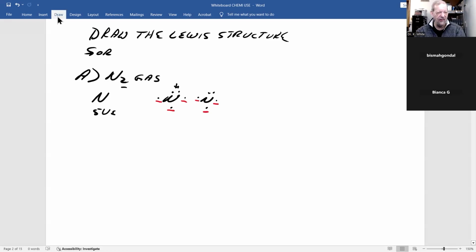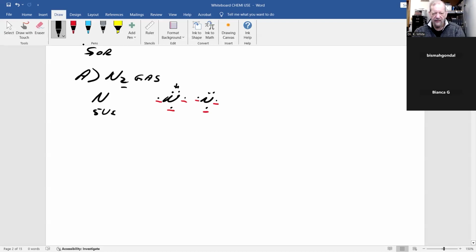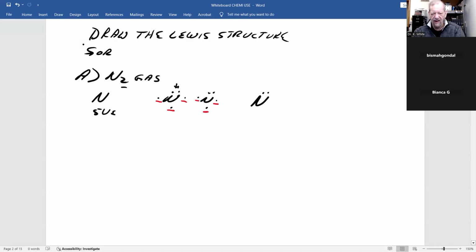And what happens is the non-bonding electrons are still there on top, but now we have how many? 1, 2, 3 pairs. And this is the nitrogen gas you're breathing right now in the air.